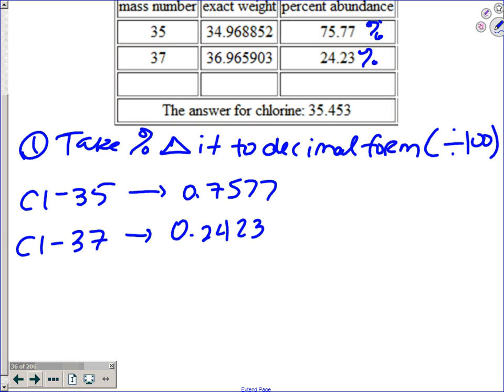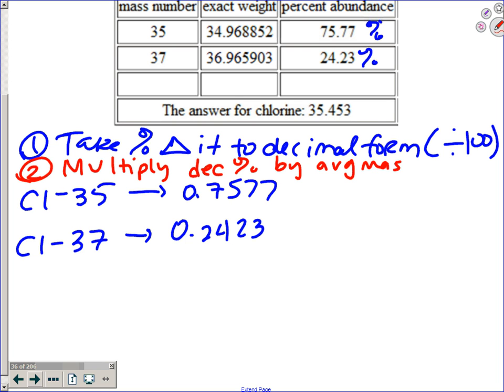After we do this, our second step is to simply multiply the decimal percent we just got by the average mass of the isotope. So what was the average mass of chlorine 35? It wasn't actually 35, right? So what was it?